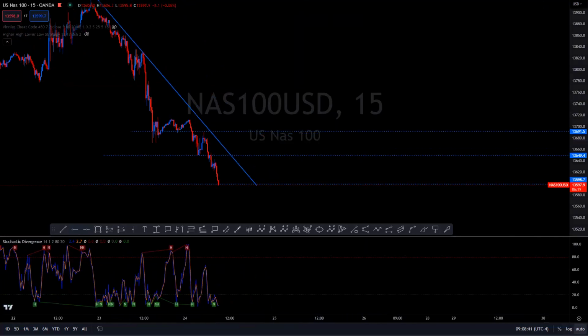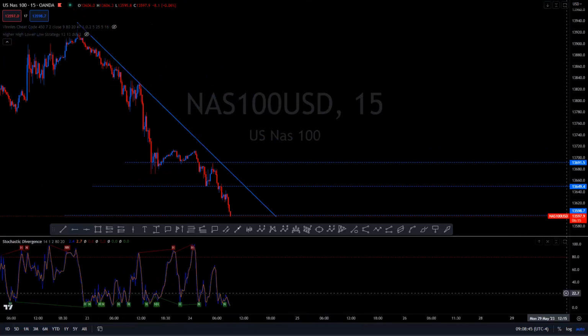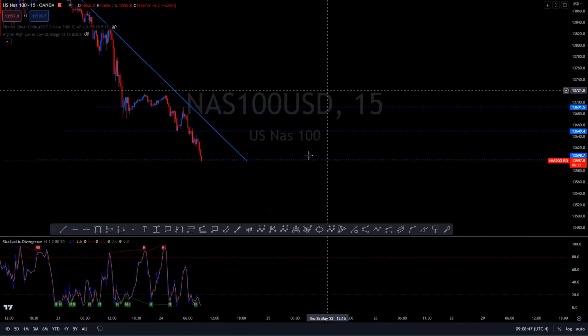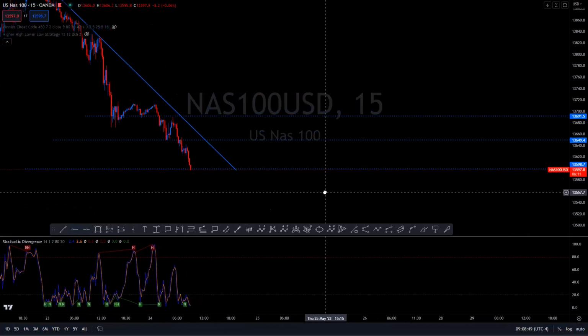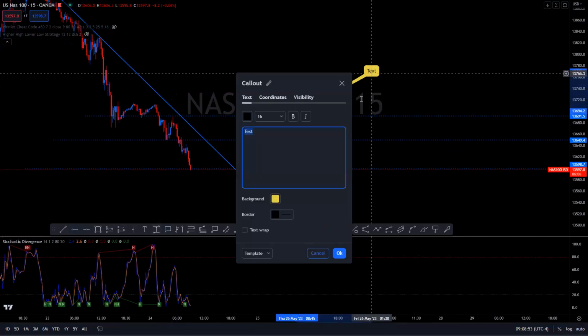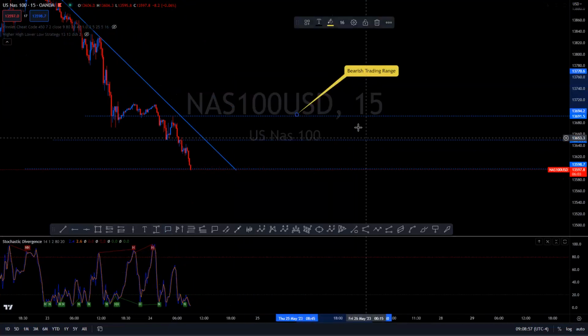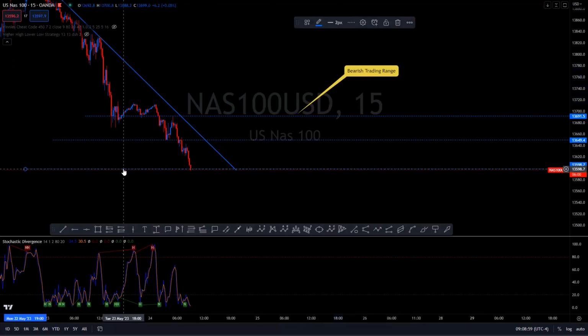So this is going to be our bearish trading range at this point. Let's label everything.